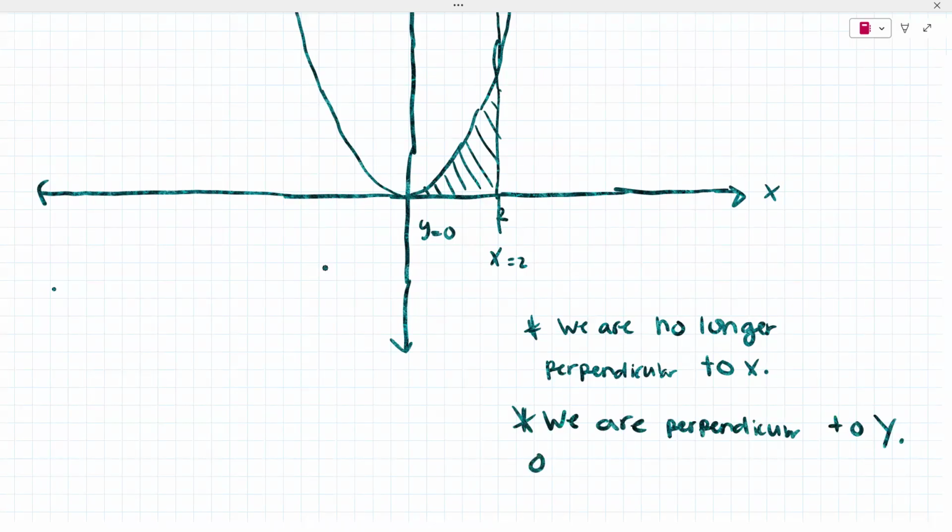So just note our top and bottom will be different.